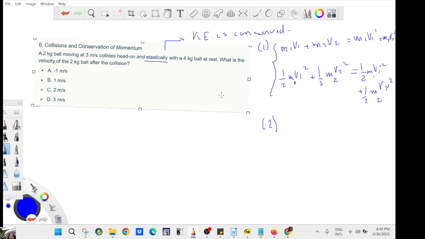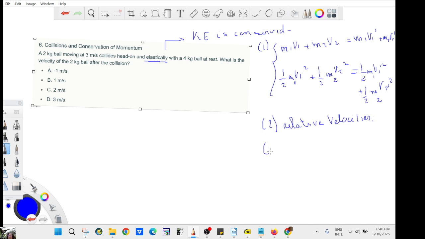Because you have equations, right? But they're very hard to memorize. The one you can memorize is that by playing with these two equations, we find that the relative velocities are the same with a minus.